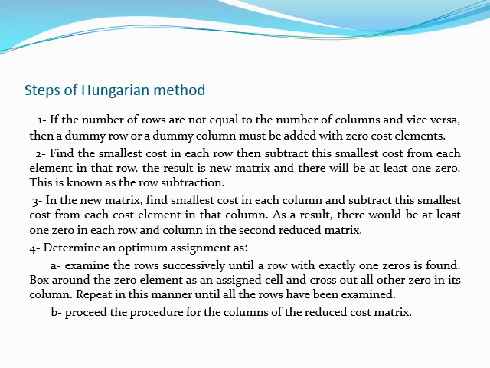Step 1. If the number of rows is not equal to the number of columns, or vice versa, then a dummy row or a dummy column must be added with zero cost elements.